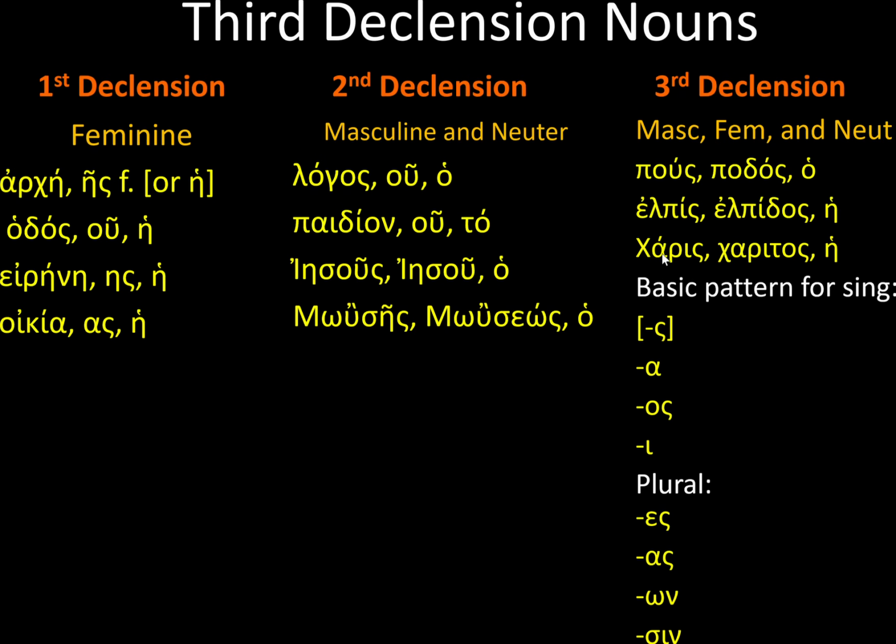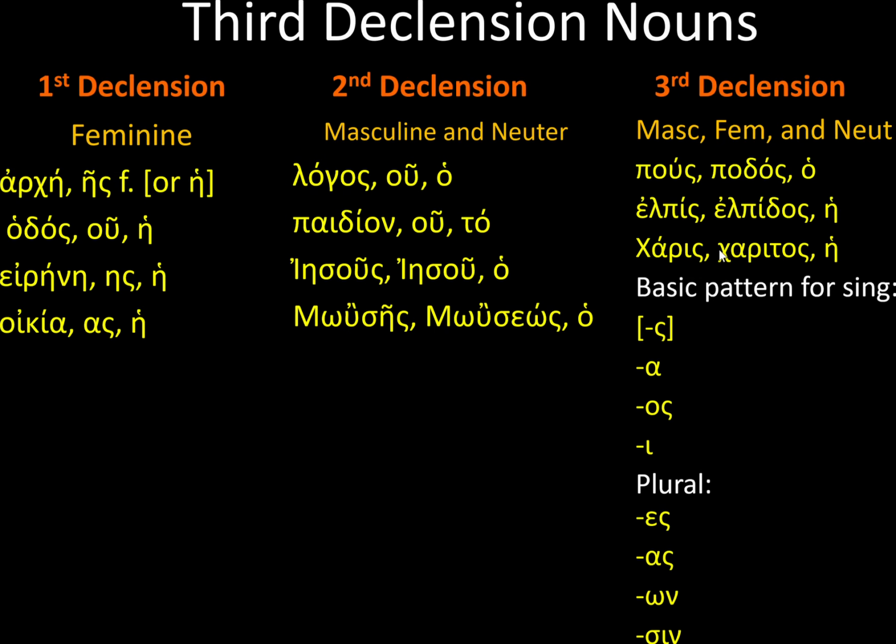So our words will be, for example, foot, the foot, ho, pous, with sigma. But if it's the direct object in the singular, ton, poda. Ton, because it's the masculine and accusative singular.